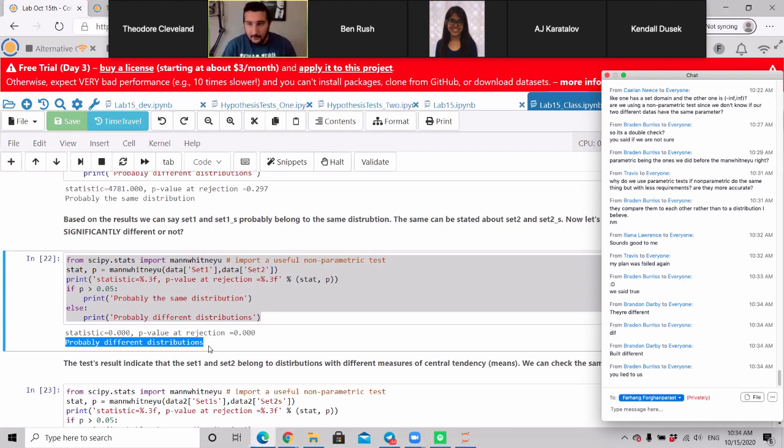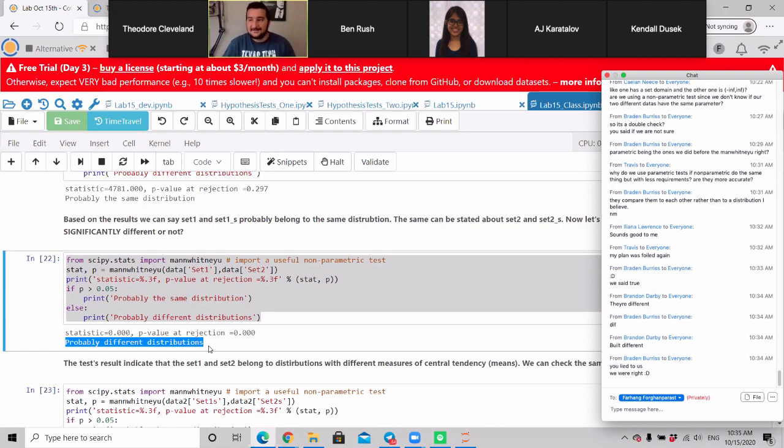In other words, set 2 and set 1 are significantly different. Do you have any questions about it? So now, in addition to a visual assessment, you have run a statistical hypothesis test, and based on the results, on the basis of your samples, you are saying that probably they are different.